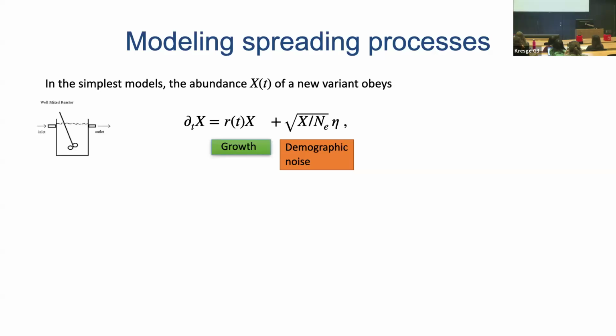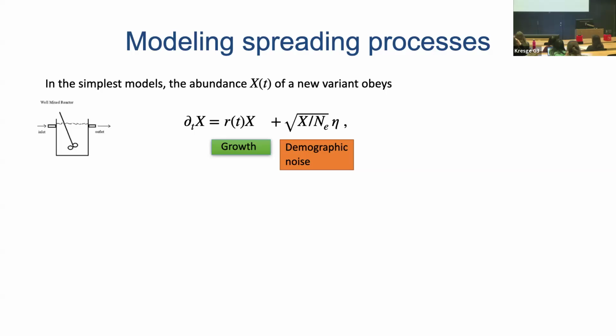In the simplest case, where you ignore space, you say it's a population like a well-mixed test tube, then schematically, the way you would write down such an equation can look like this, where x of t would be that entity that is growing, and the rate of change of that entity is controlled by growth, where r of t is the current growth rate, which of course can again depend in some complicated way on what x currently is.